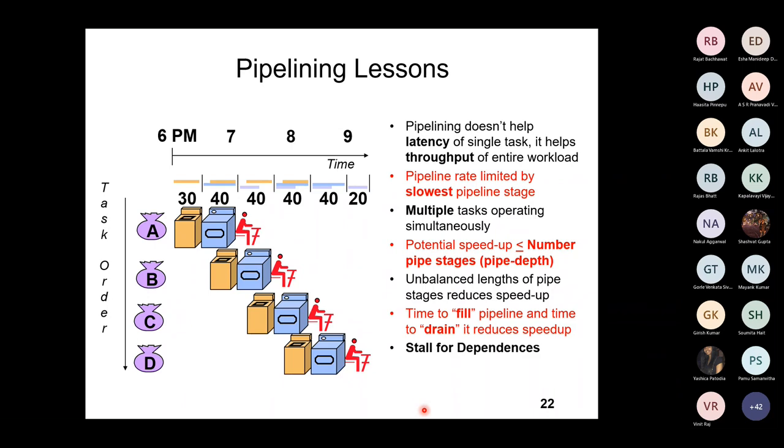And we'll talk later about how you need to stall for dependencies. Suppose you have a cache miss, so we need to do something else. We need to stop our pipeline and wait to resolve that stall.